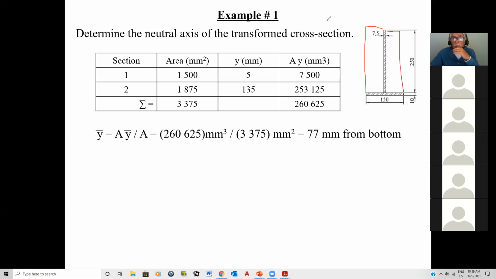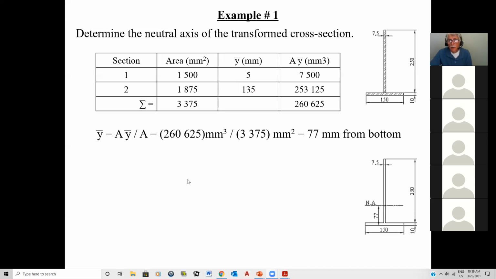I don't want to confuse you, but there are many ways. I like to establish my reference line where I don't have to worry about positives or negatives. Here, once I calculate my centroid at 125, I have to add another 10 millimeters to get to 135. Once I've calculated my Y bar, there you go.